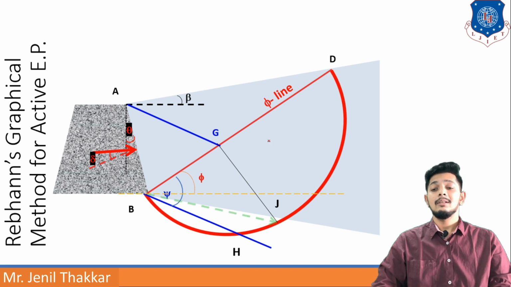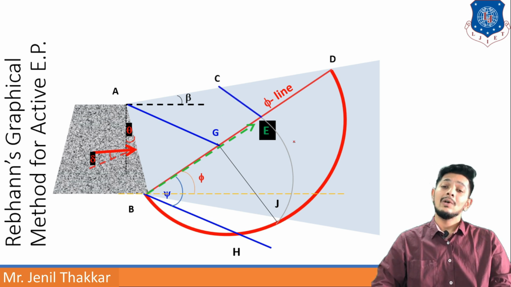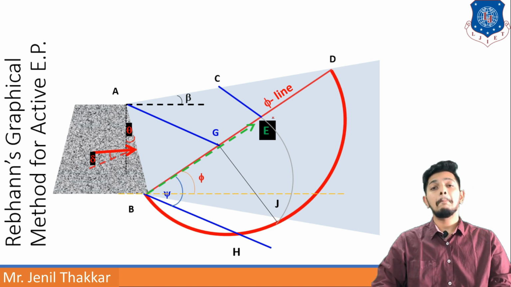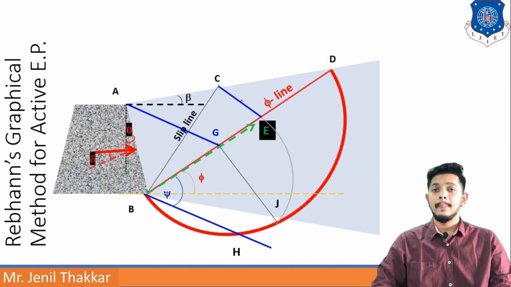Now I will take BJ as a radius and give it an arc to the phi line, and this arc will be noting the point as E. Now BE is the distance. Now from point E I will draw a parallel line to AG, to ground line, and it will be named as C point, and EC is drawn.